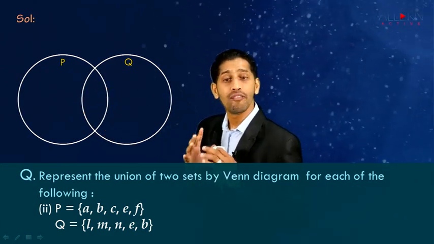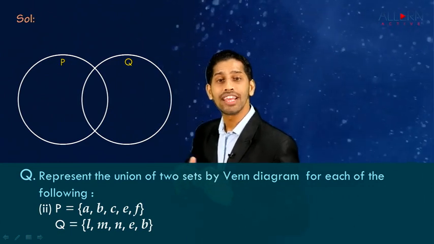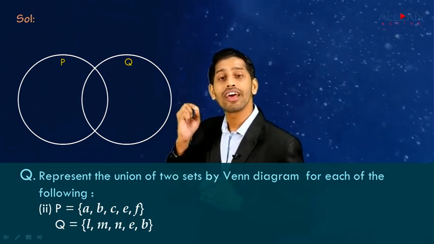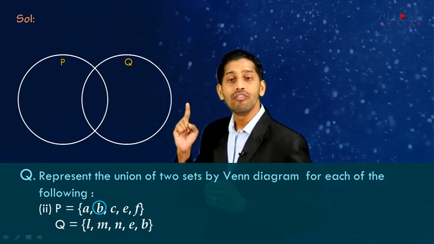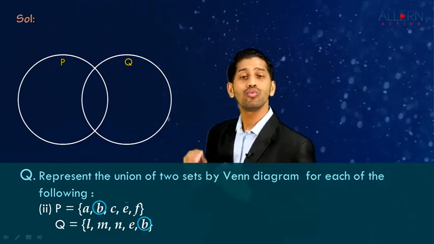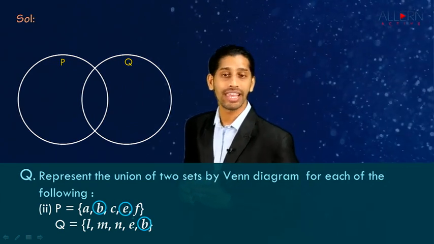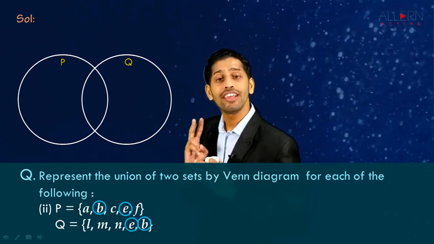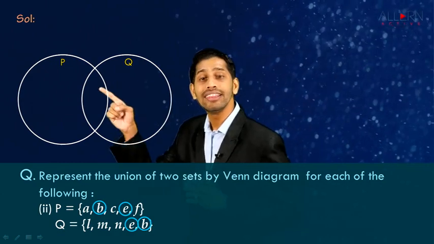Now if you observe set P and set Q, the elements which are common are B, that is B is present in both sets, and there is one more common element, that is E. So first of all we write these two elements B and E in this common region.